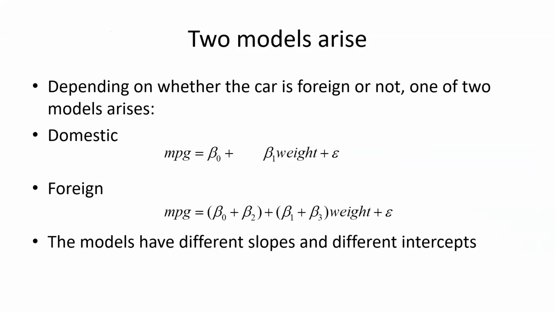Because if the car is foreign, then the interaction is turned on, and the interaction, when it's foreign, equals weight. So I get my beta 3 times weight here at the end, and then I factor out weight, and then I have beta 1 plus beta 3, which is basically saying I have a different slope and I have a different intercept. Both models are, of course, still linear.